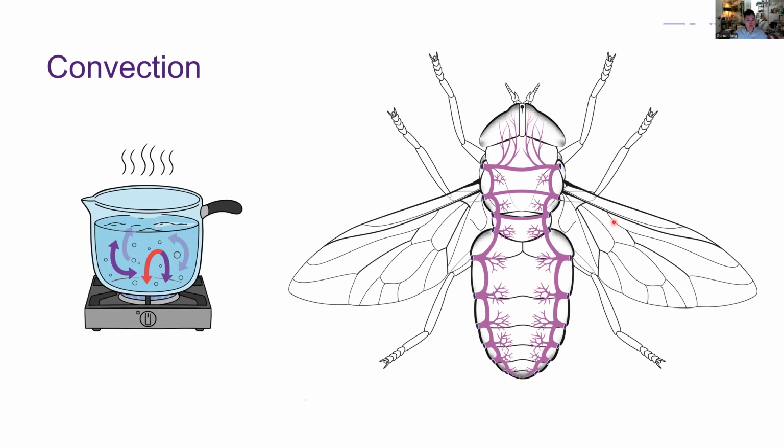Right? It's this network of air-filled tubes, and it basically facilitates movement of gases, both oxygen in and carbon dioxide out, but this occurs via convection, right? So it delivers oxygen directly to the cell, but it minimizes the distance that the gases need to diffuse.